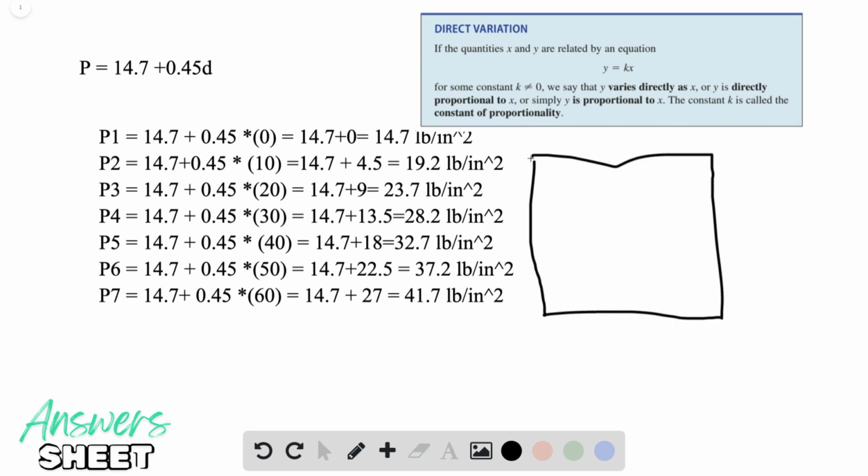I don't have a good pencil to draw this, but basically this D will stand for depth and P will stand for pressure, and this will be 0, 10, 20, 30, 40, 50, and 60.